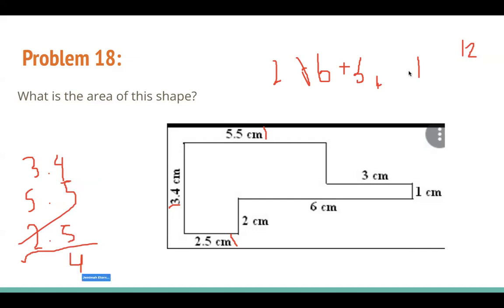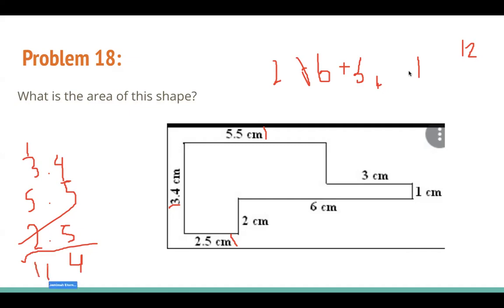So I write my 4 here, then bring my 1 here. 3 plus 1 is 4. 4 plus 5 is 9. 9 plus 2 is 11.